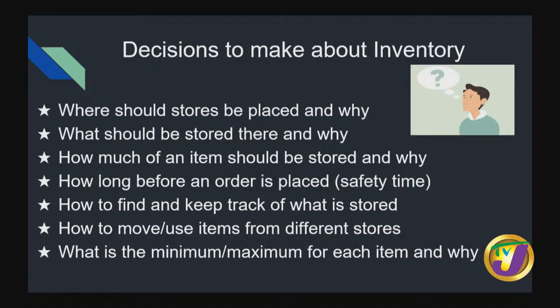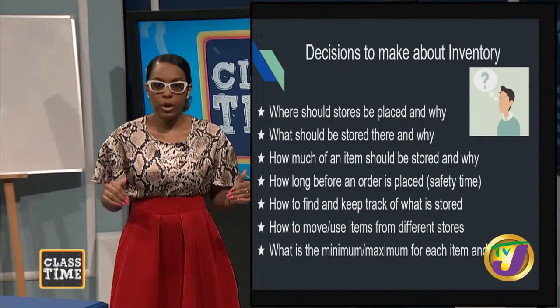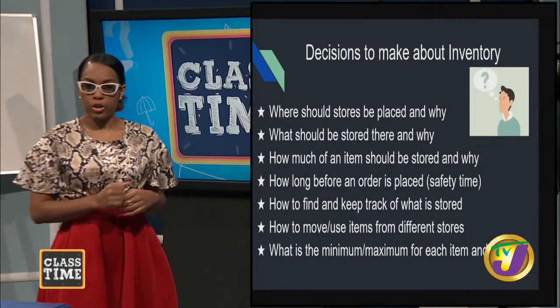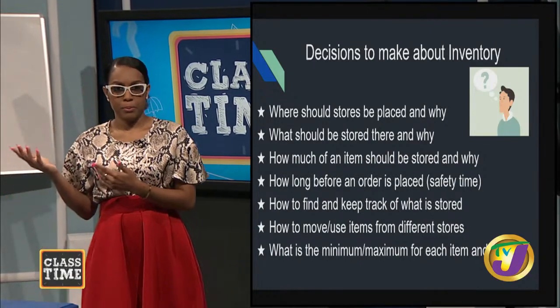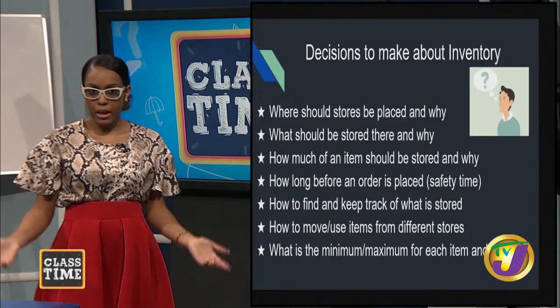What is the minimum or the maximum for each item and why? As a business owner, you should make the decision as to your lowest point that you want as it relates to the units for your product, as well as the maximum. So do we have space for 1,000 units? That can be the maximum.